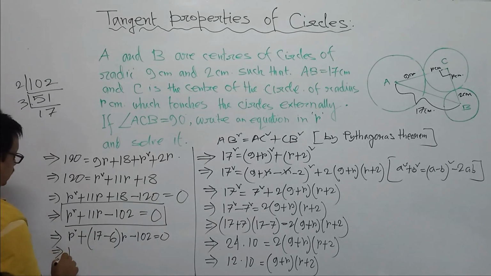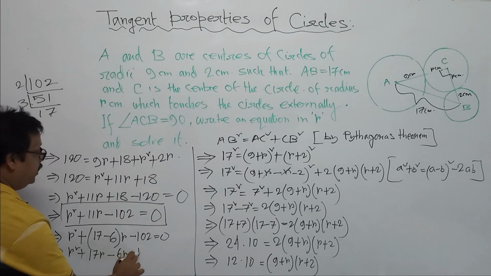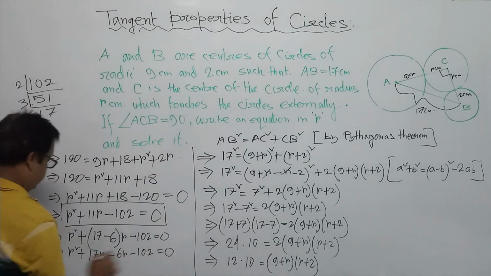This implies r square plus 17r minus 6r minus 102 equal to 0.